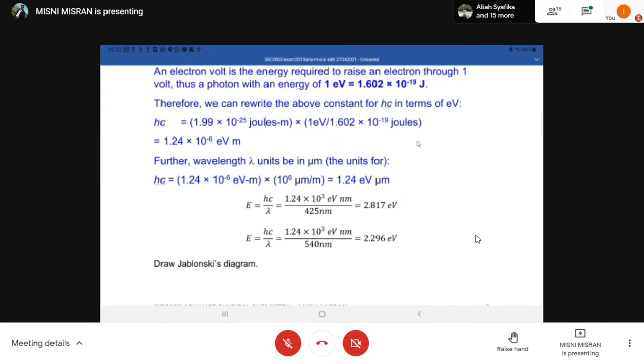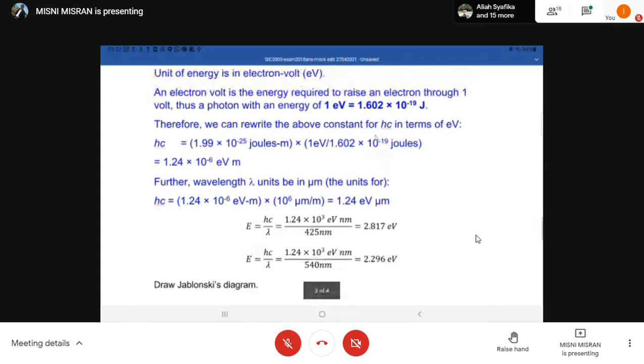One eV equals 1.6 times 10 to the minus 19 joules. So what I get here is in eV meter.